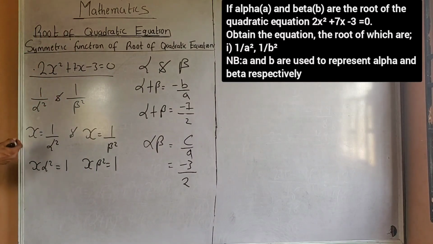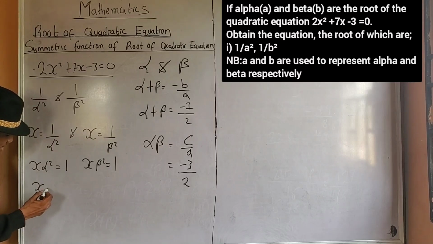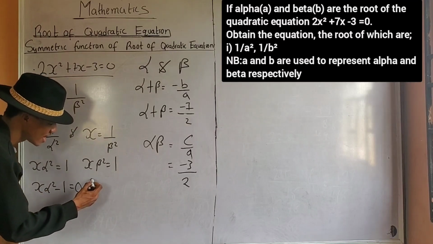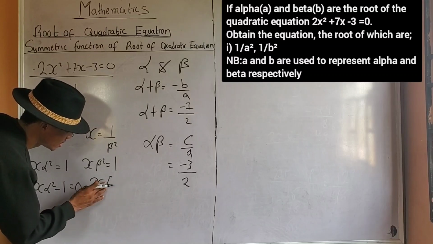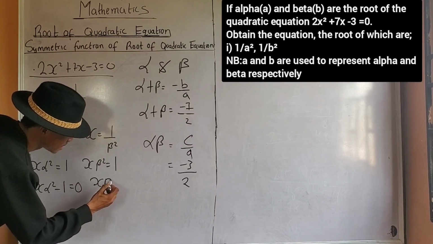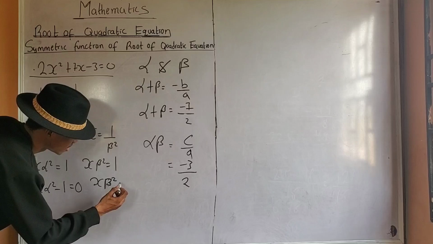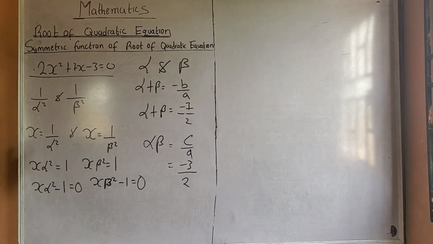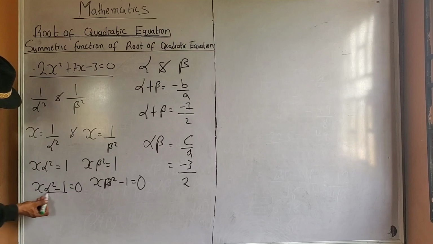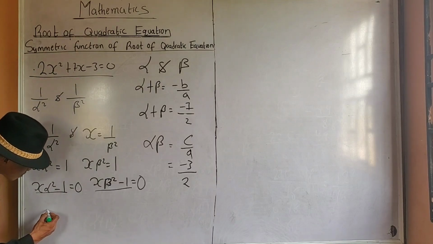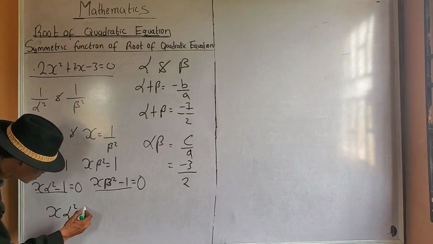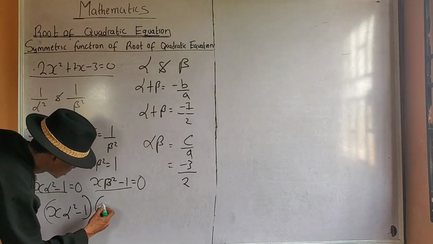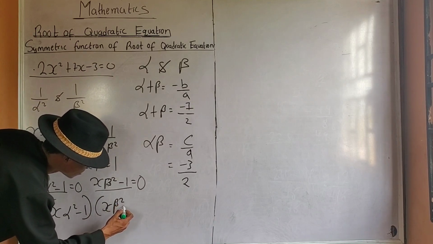Okay? Now, reverse. I'm going to have x alpha squared minus 1 equals 0. Also, x beta squared minus 1 equals 0. Okay, let us proceed. Now let us take the product of these factors. Let us take the product. I'm going to have (x alpha squared minus 1) multiplied by (x beta squared minus 1).